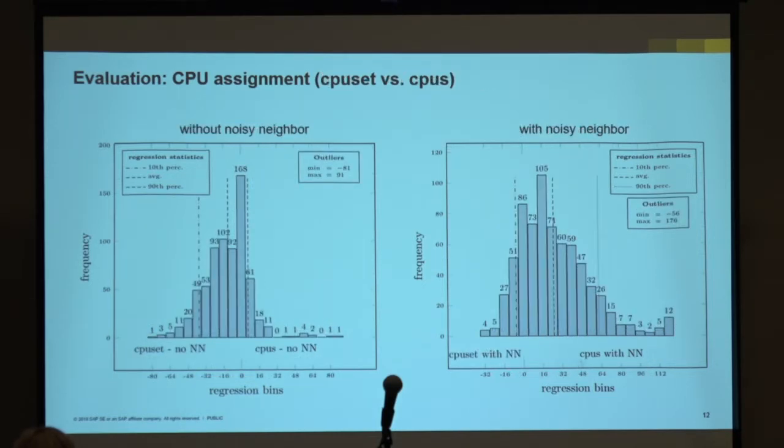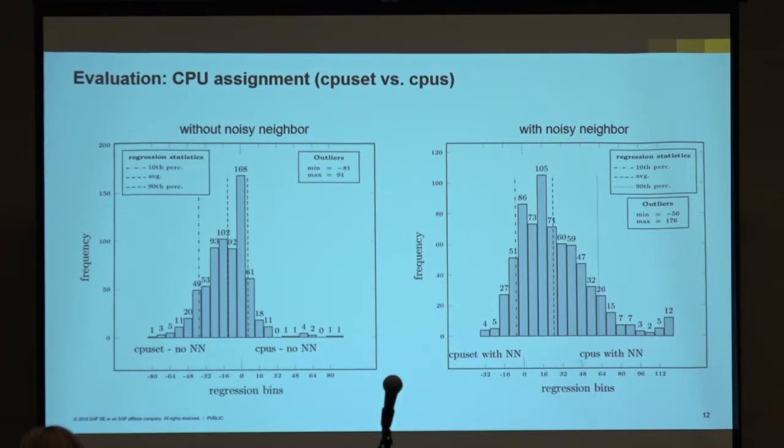Then we go on. Without noisy neighbors, CPU assignment. Now we compare CPU sets and CPUs against each other. And you see in this case, CPU sets is worse. It has this skew here as opposed to comparing to the 0. And with noisy neighbors, you see that this skew is now on the right side for the CPUs.